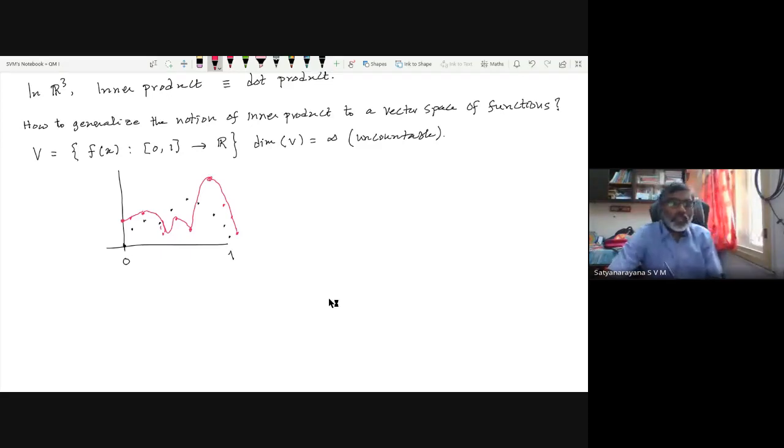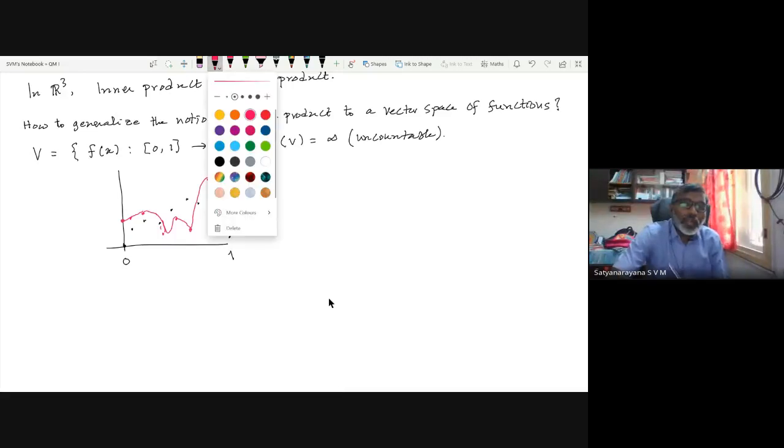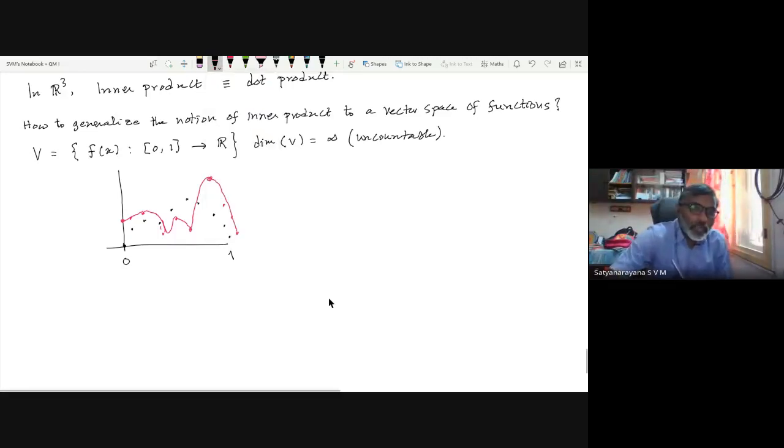So this is some kind of a red function, and I am guessing this would have been the function, but with the available knowledge of only these points, I cannot say this is the function; it is some kind of a guess.